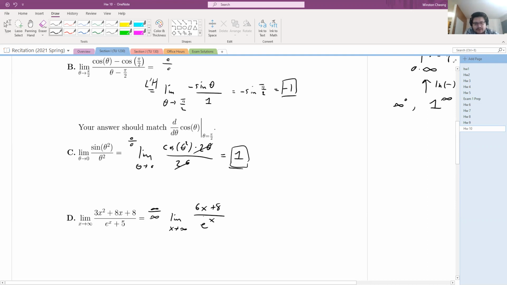But if we try to directly plug in, we get infinity over infinity, so I'm forced to use L'Hopital's again. The derivative of the numerator is 6, the derivative of the denominator is e to the x. Here I can plug in: 6 over infinity, which is 0, dividing by an extremely large number.